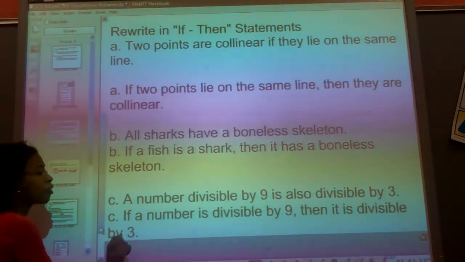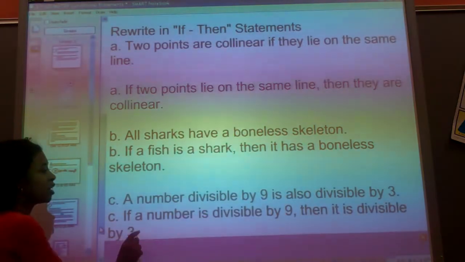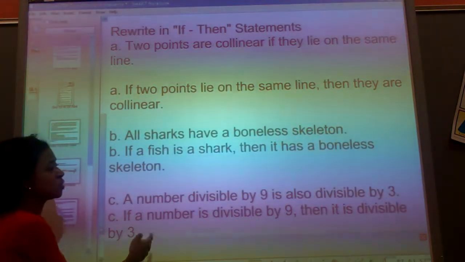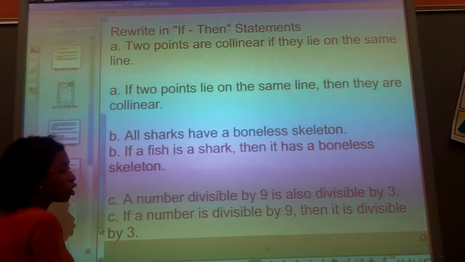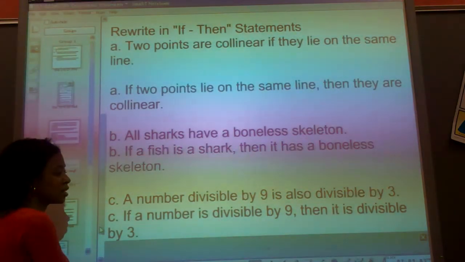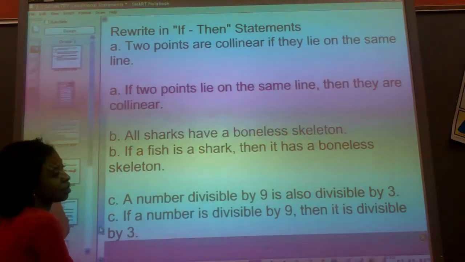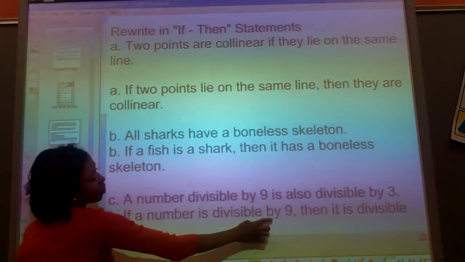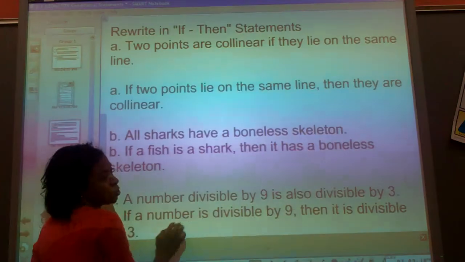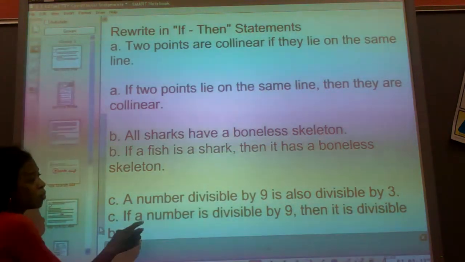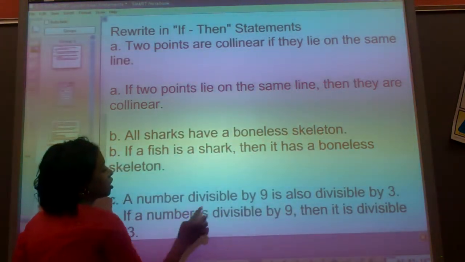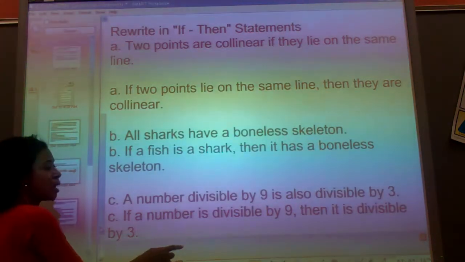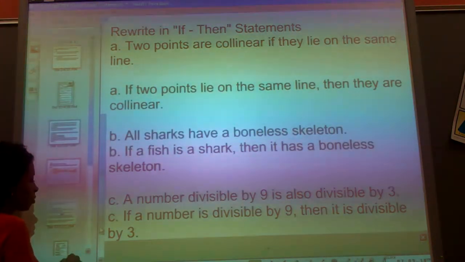We could not have written this the other way to say if a number is divisible by 3, then it is divisible by 9, because not all numbers that are divisible by 3 are divisible by 9. For example, 15. If a number is divisible by 3, example 15, then it's divisible by 9. That's false. So we would have to make sure that the if part is, if a number is divisible by 9, then it's also going to be divisible by 3.